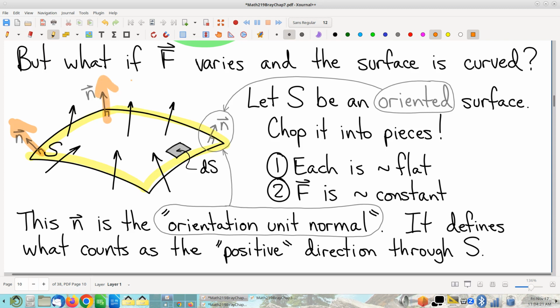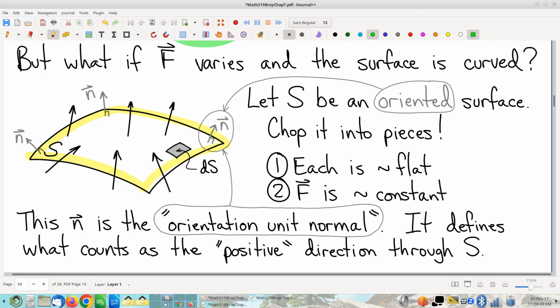Normal vectors pointing every which way. And it's big enough that my vector field is not constant. My vector field is conspicuously different across this large surface over which I'm interested in flux. And I deal with that by chopping it up into little pieces.